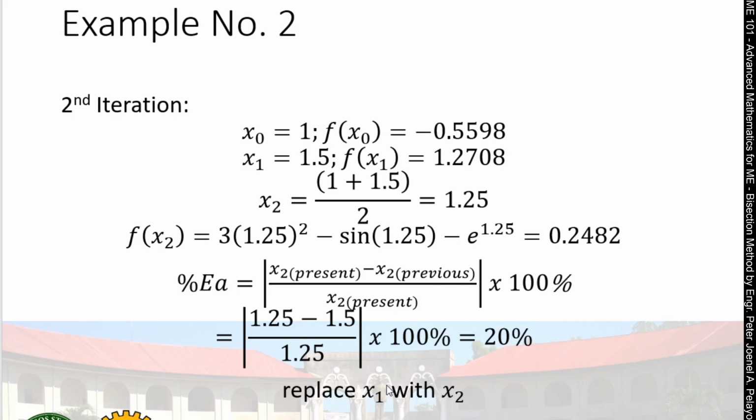Second iteration, x0 natin is 1. Ang x1 natin is 1.5. Nakuha naman na natin mga values ng f of x nila. Negative 0.5598 kapag 1 yung x0 mo, and then f of x1 is 1.2708.